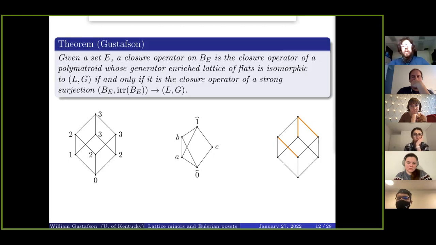I said this was analogous to the connection between matroids and geometric lattices. A matroid can be equivalently defined as a strong surjection from a Boolean algebra onto a geometric lattice.